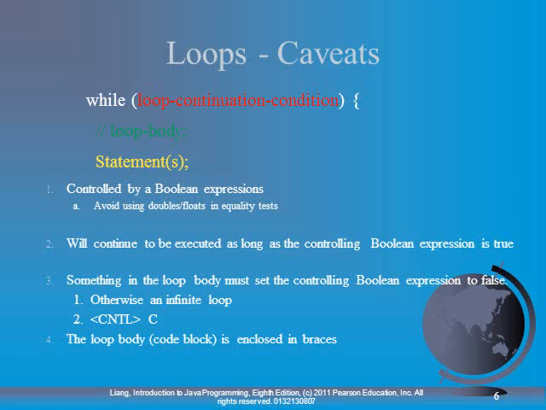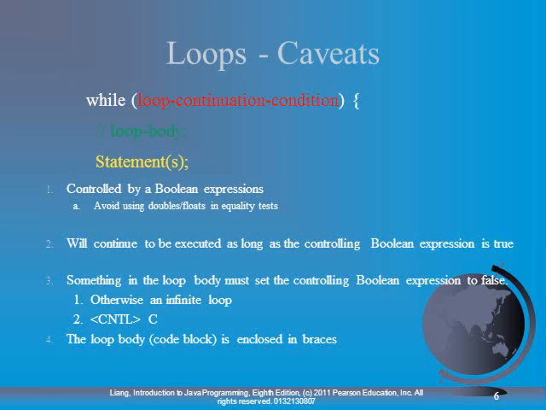Right? One of the things that you want to avoid is using doubles and floats in our equality tests as part of our loop continuation condition. The reason is because those numbers are not very precise.